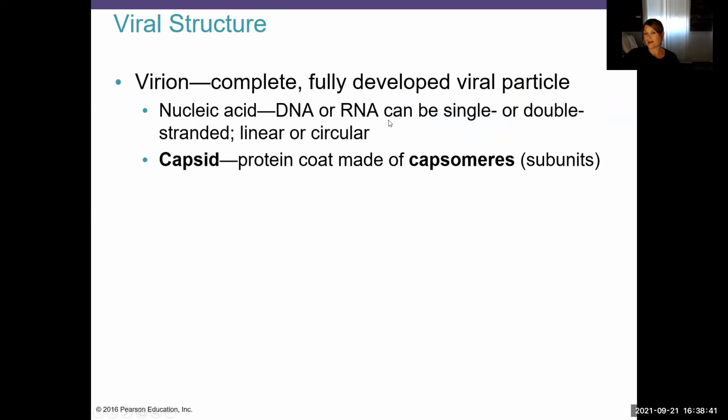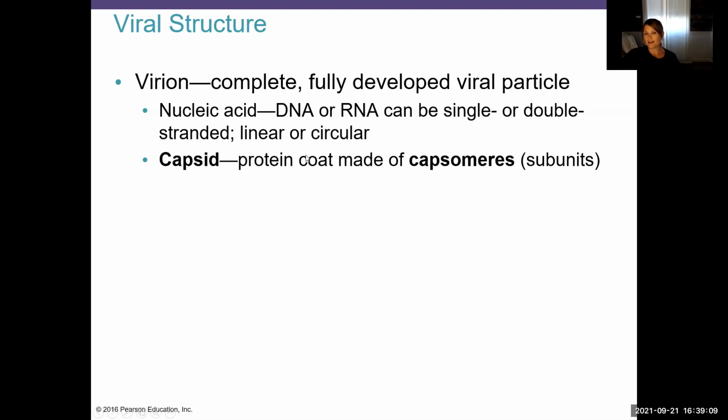That DNA or RNA can be either single or double-stranded, and that nucleic acid can be either linear or circular. So all combinations of DNA or RNA, single-stranded, double-stranded, circular, linear. They're not picky. There are all kinds of viruses that exist.